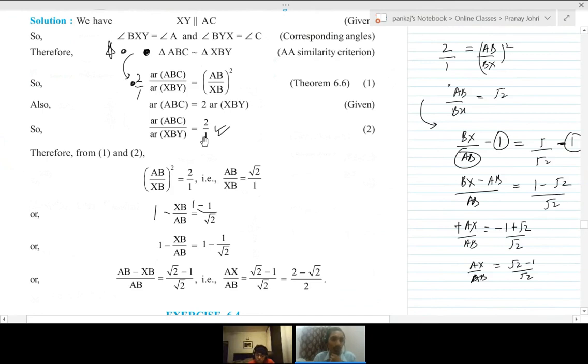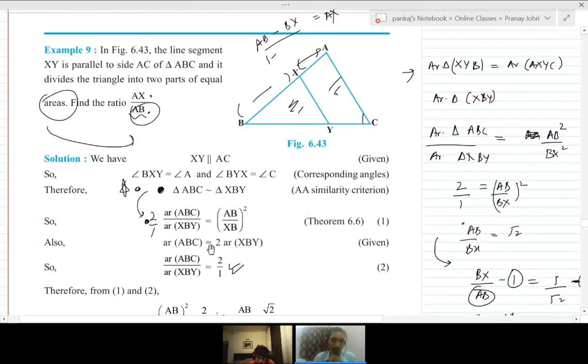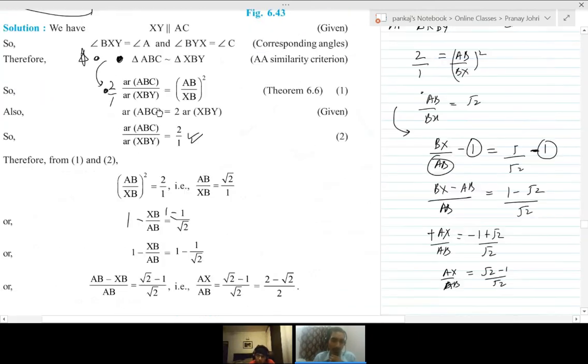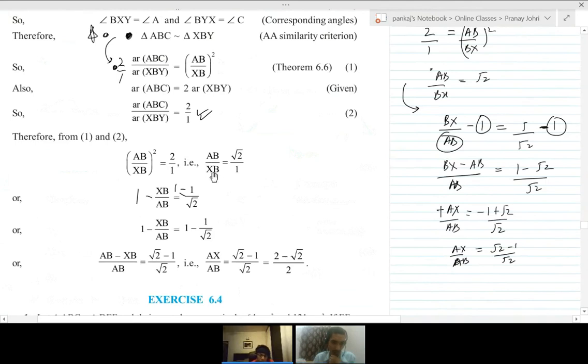Now the problem is we need to find AX, but we have BX. One thing which is quite clearly visible: XB is a part of AB, right? So somehow we subtract 1, or in case we needed a bigger length we add 1.